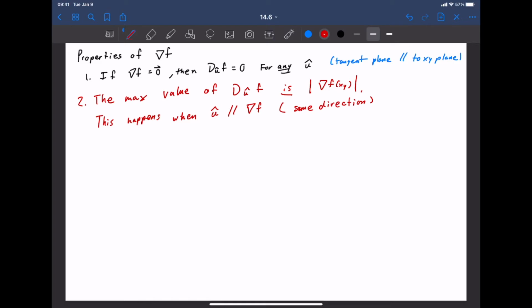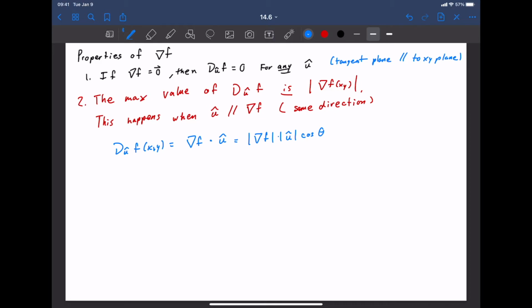We're going to do a quick little proof of this. It's not actually terribly hard. The directional derivative is a dot product of the gradient of f with a unit vector. The dot product, if you recall, can be translated into a magnitude discussion: the magnitude of the gradient times the magnitude of the unit vector times the cosine of the angle between them.